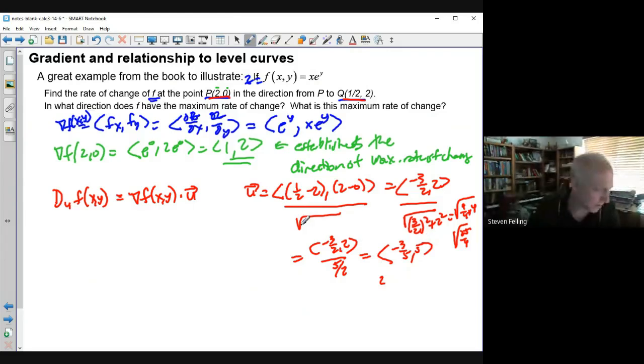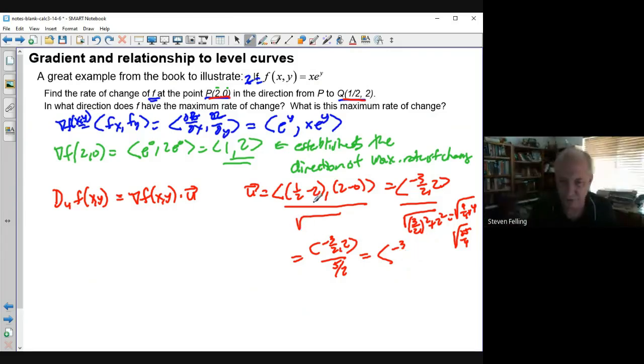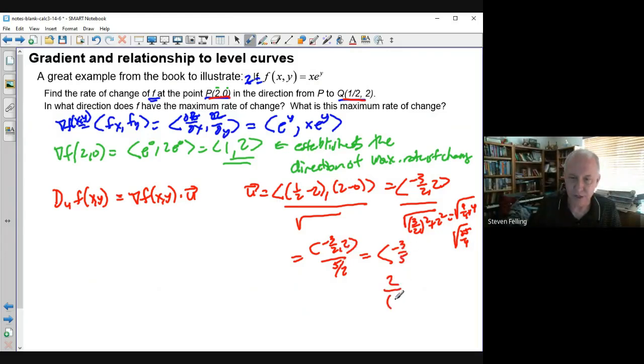Is that right? I think that can't be 5 because that wouldn't be a unit vector. So negative 3 halves divided by 5 is negative 3/5. This would be 2 divided by 5 halves, sorry, which equals 2 times 2/5, which is going to be 4/5. There we go, 4/5. Okay, so this is the unit vector.